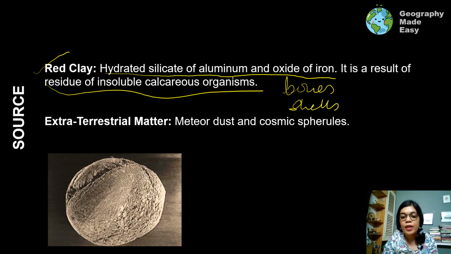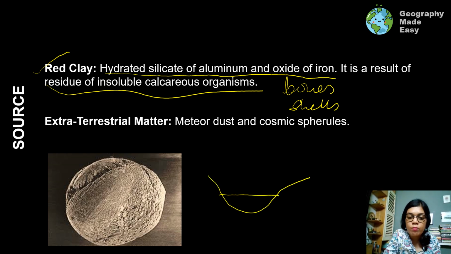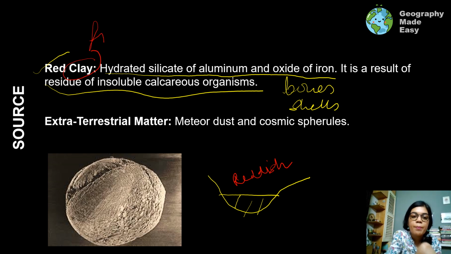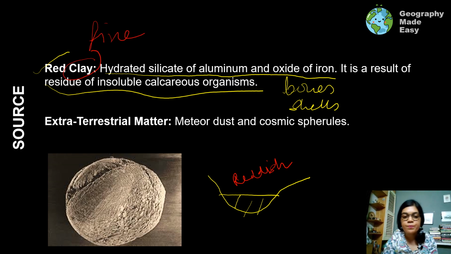When they are insoluble, they settle at the bottom of the ocean to form the red clay. The color is reddish, so it is given the name. And of course, clay means the particles are very, very fine.